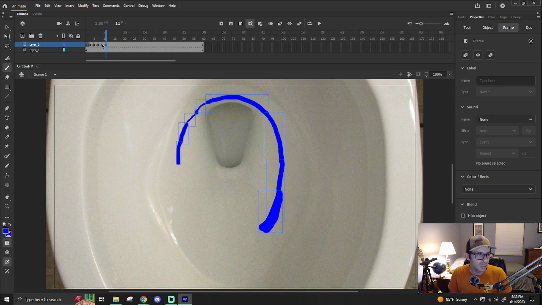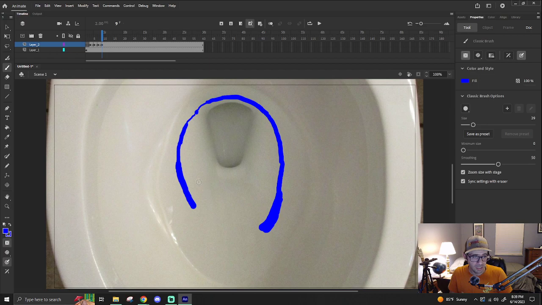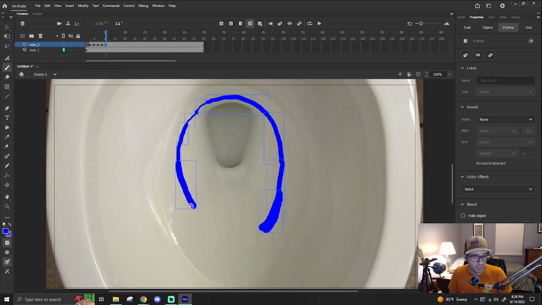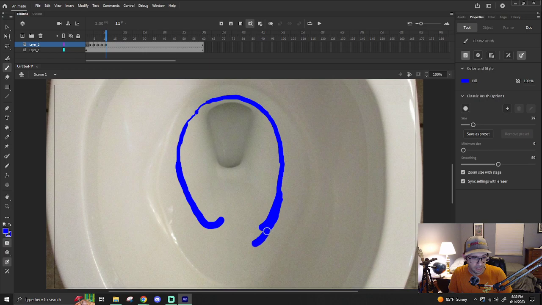Oops. Let's undo that. Go back there. I don't think it necessarily loses a race per se. But what then starts to happen is like that. This is where it gets really exciting.